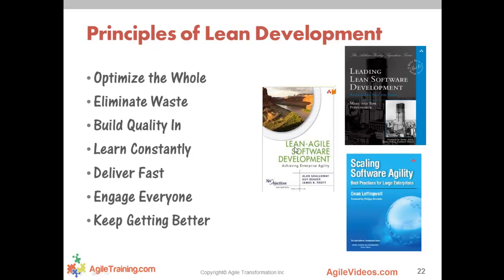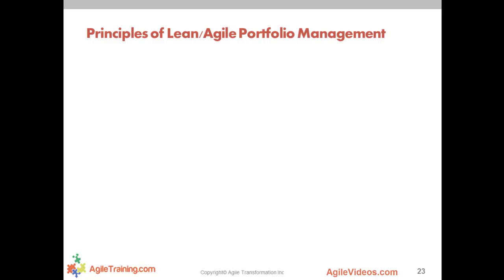And of course, Net Objectives, they've got the Lean-Agile software. So these are good books, and these are the principles of Lean. And just for time purposes, I won't be able to go through these in detail, but they're all really about optimizing the whole. Instead of trying to optimize one project team and this project team, it's taking a much more enterprise view around how can I make the whole thing work better, right? It's a much bigger picture view.